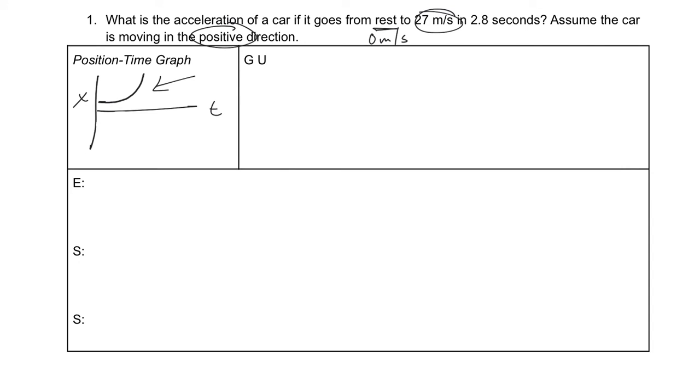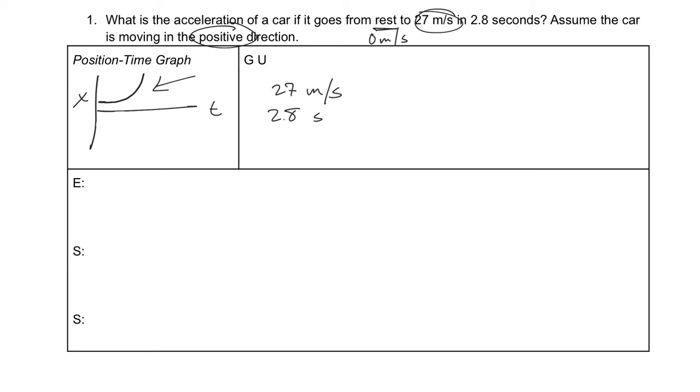And then we'll move over to the givens and the unknown. Now the givens here, there's two numbers that we can go ahead and immediately write down. One is that 27 meters per second, and then the other one is 2.8 seconds. Now let's go ahead and label those. So it says it goes from rest, which is where it starts.